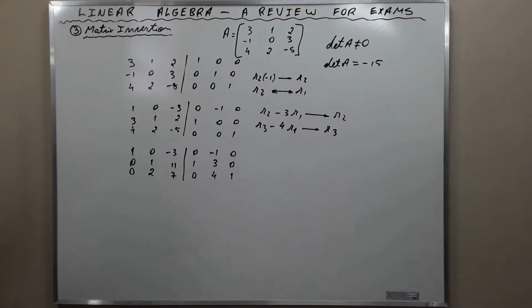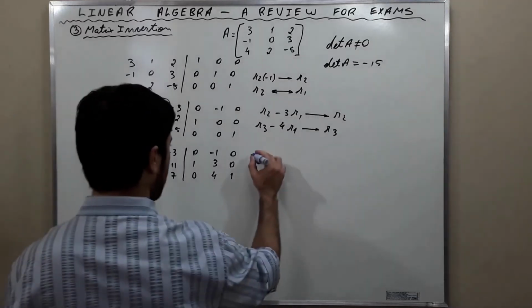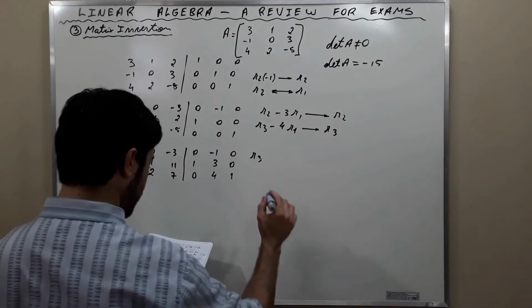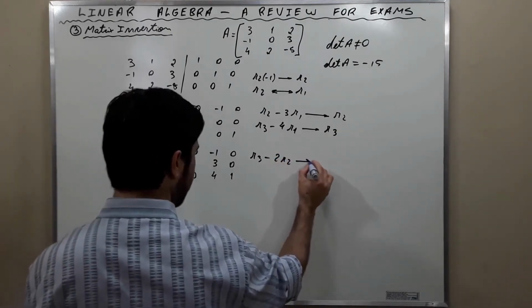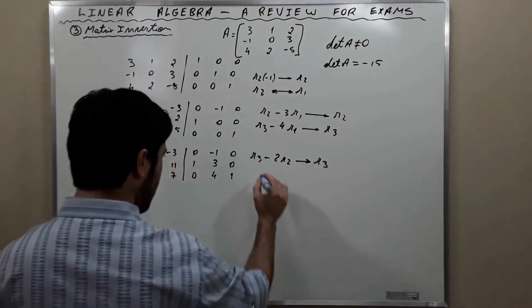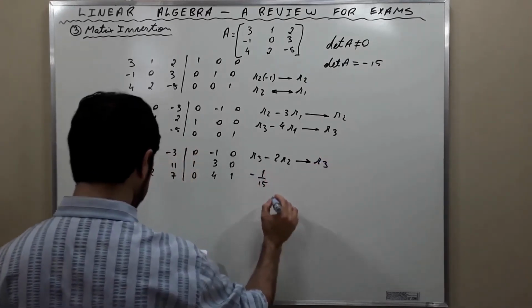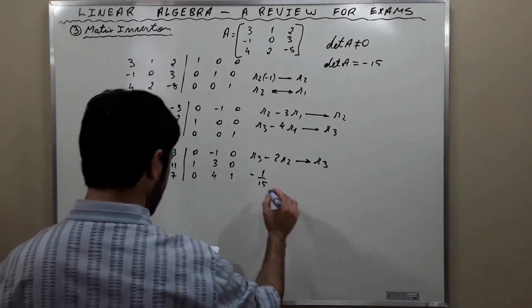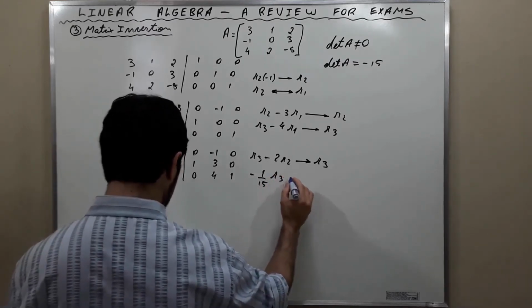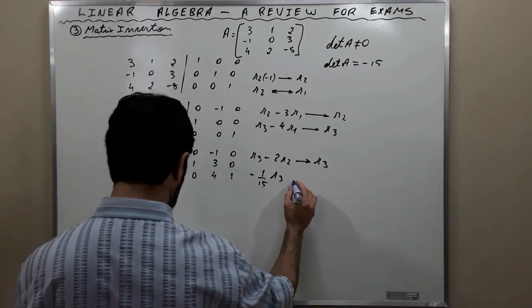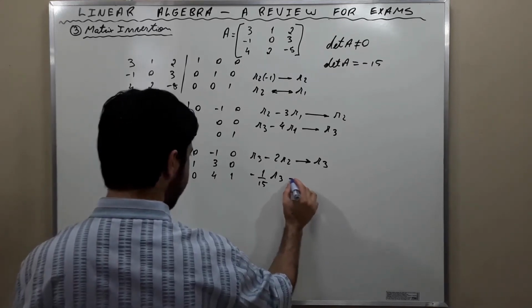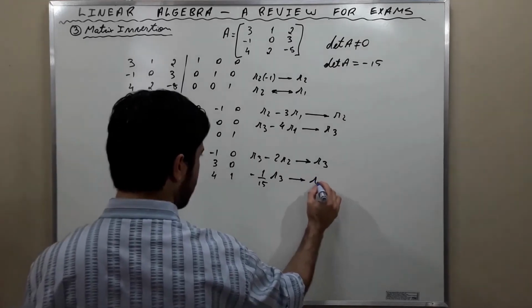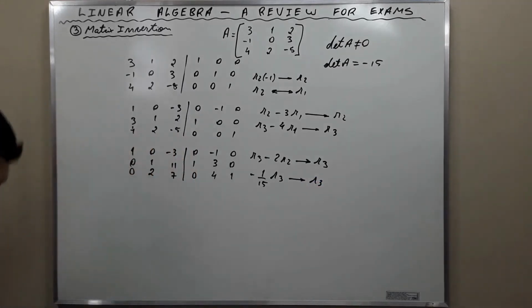And to further simplify this, we are going to do row 3 minus 2 row 2 in the place of row 3, and 1 over 15 times R3 in the place of R3. Okay?